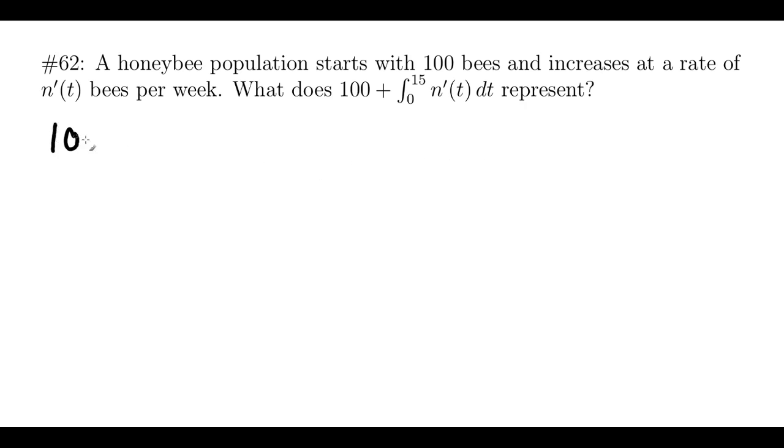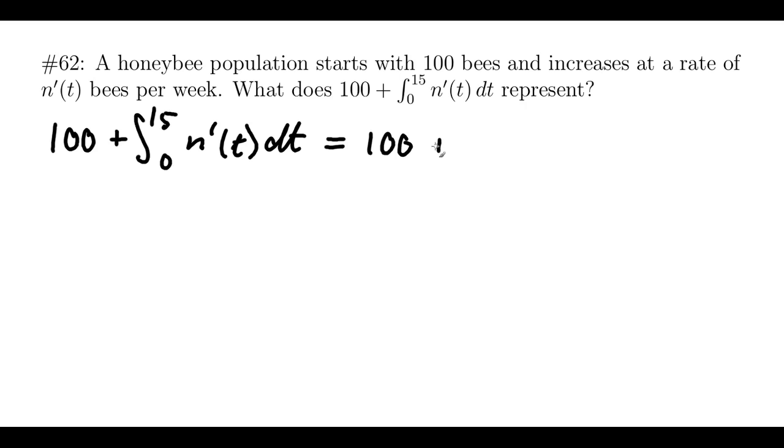We have 100 plus the integral from 0 to 15 of n prime of t dt. And the net change theorem presented in this section says that the integral of a rate of change, this is an n prime, this is a rate of change, is the difference of the values. So that would be n of 15 minus n of 0.